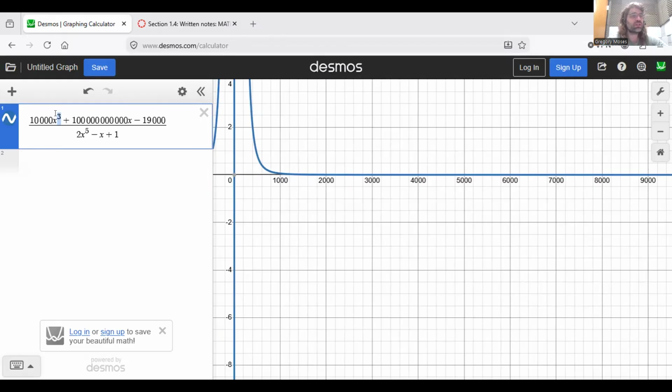Well, the top is still degree 3, the bottom is still degree 5. 5 is still bigger than 3. It's still going to 0 as x goes to infinity.